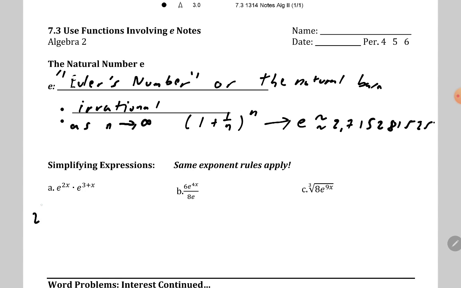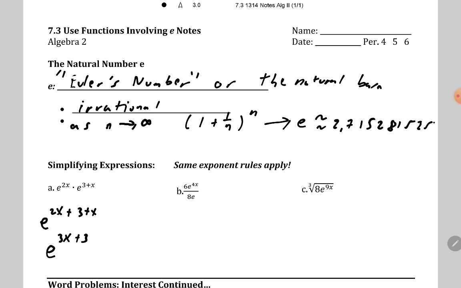For example, 2 to the 3 times 2 to the 5 is 2 to the 3 plus 5. So in this case, e to the 2x plus 3 plus x, which is e to the 3x plus 3.